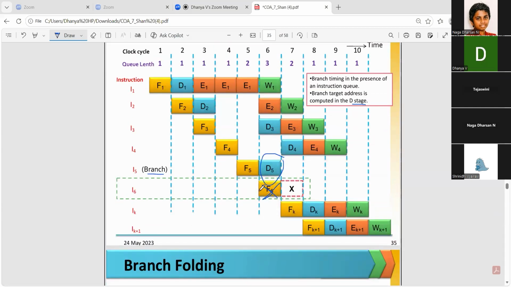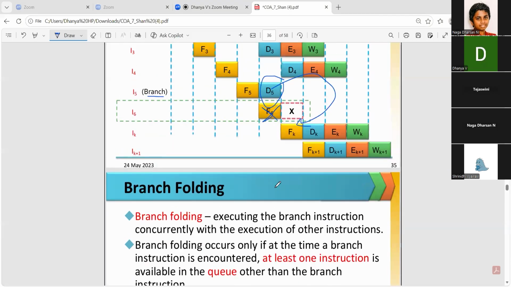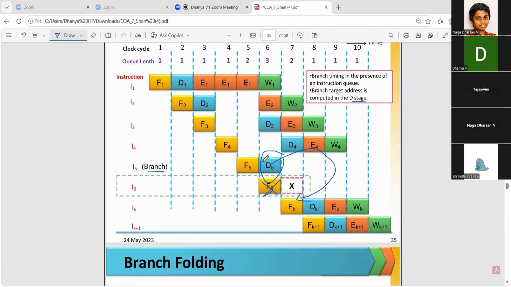So by then this F6 wouldn't have been done. If you encounter this D5, you encounter a branch, and if you need to jump, you just jump off. This F3 wouldn't have happened by then. That is what branch folding is. As you encounter the branch and prefetch it, your cache should be such that after D5 it should go to the fetch unit of F of k, some kth statement.